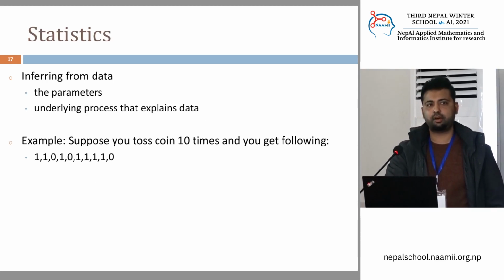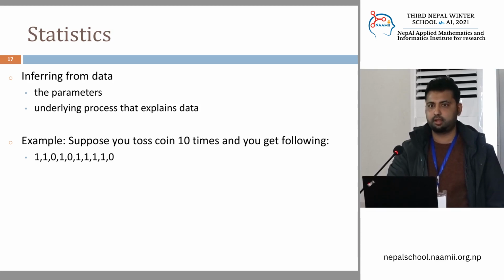Roughly speaking, statistics means you want to infer certain things about a statistical or stochastic phenomenon. For example, if you toss a coin 10 times, you get a result like this: 1 1 0 1 0 1 1 1 1 0.